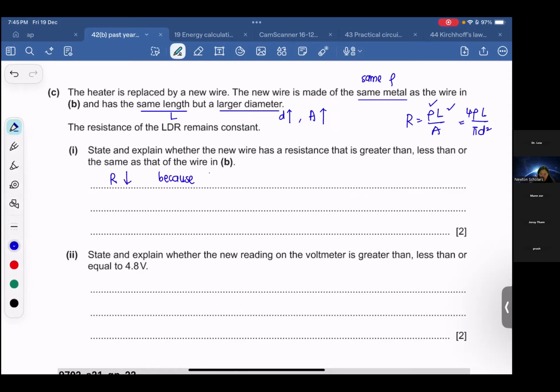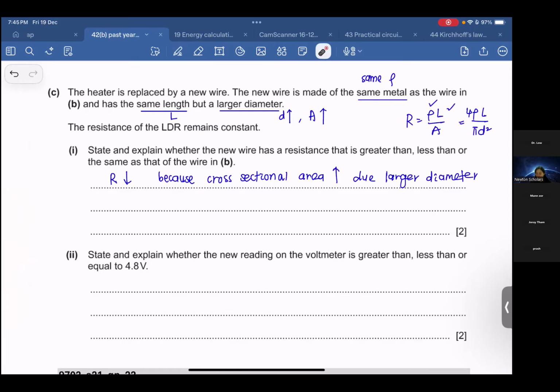Because the cross-sectional area increases due to the larger diameter. Or you mention like just now, Prasan said R is inversely proportional to D squared. Yes, correct.